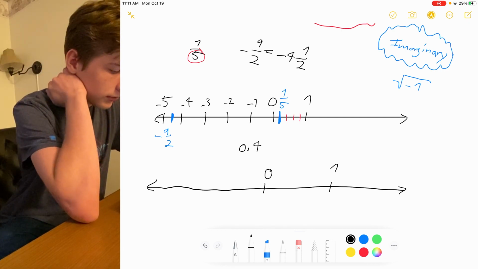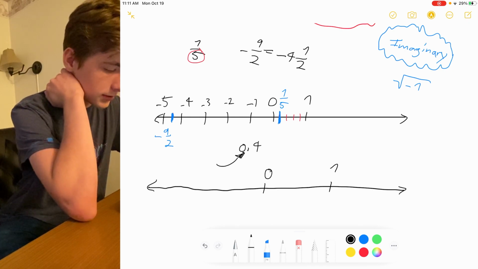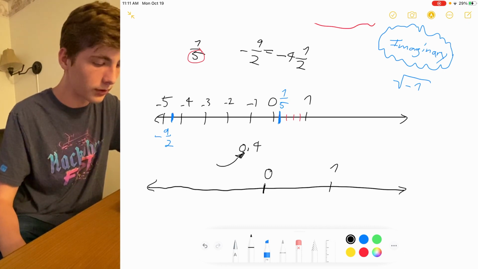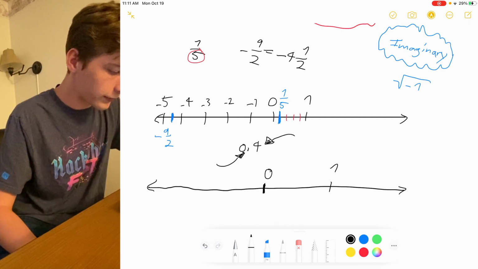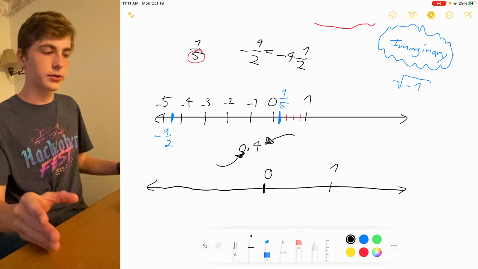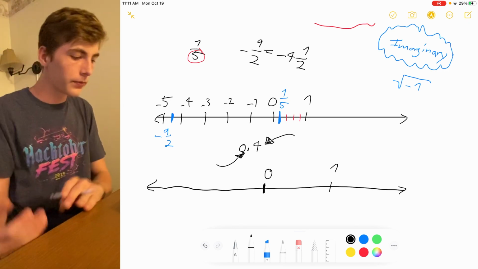And with a decimal, the number in front of the decimal point, in this case 0, is going to tell us where we're going to start from. The numbers after tell us how far we're going to go after that. So the numbers before the decimal point tell us where to start, and numbers after tell us where we're ending, kind of.